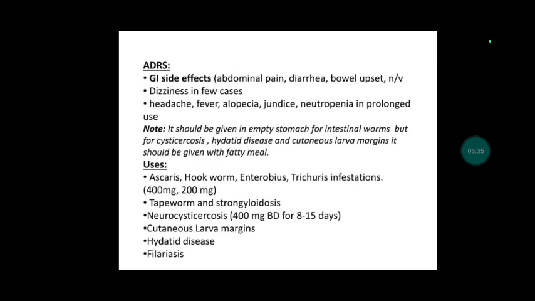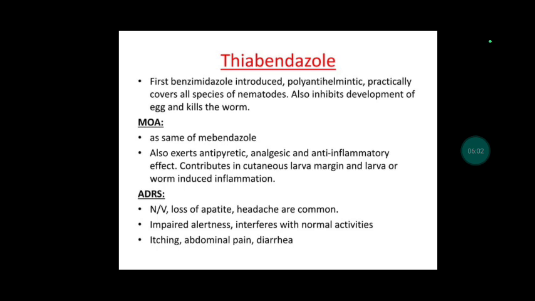It should be given on an empty stomach for intestinal worms, but for cysticercosis, hydatid disease, and cutaneous larva migrans, it should be given with fatty meals. Now uses: ascaris, hookworm, enterobius, tapeworm and strongyloides, neurocysticercosis, cutaneous larva migrans, hydatid disease, filariasis.